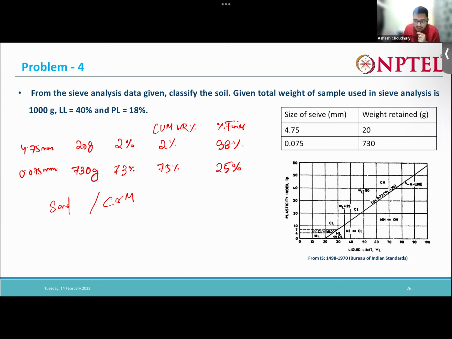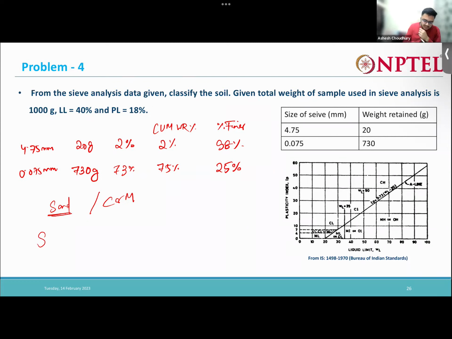So what will be our soil? It will be coarse, right? It will be sand, because less than 50% is passing through 75 microns. If in place of 25 it would have been 51, then it would have been fine. But it is 25%, so it is sand.